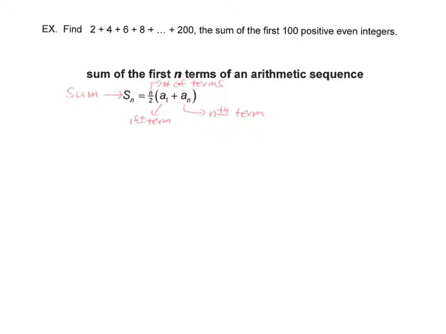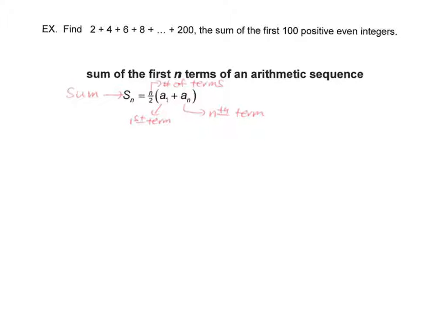Sometimes we're asked to add up the numbers in an arithmetic sequence. In this case, it says find 2 plus 4 plus 6 plus 8 plus so on all the way to 200, which would be the sum of the first 100 positive even integers. The formula for that is that the sum equals n over 2, n being the number of terms, and then in the parentheses it's the first term plus the nth term, or the last term.